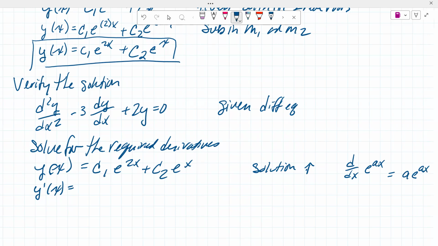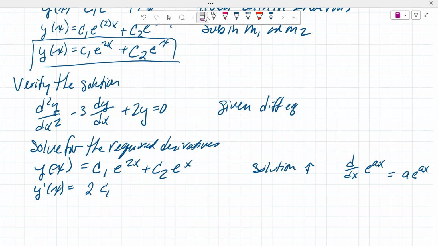Okay, so what's the derivative of c1e to the 2x? I did this backwards from how I did it before. Actually, it's fine. It's the same thing. So we're going to have 2 times c1, and I told you I was going to put these in parentheses.